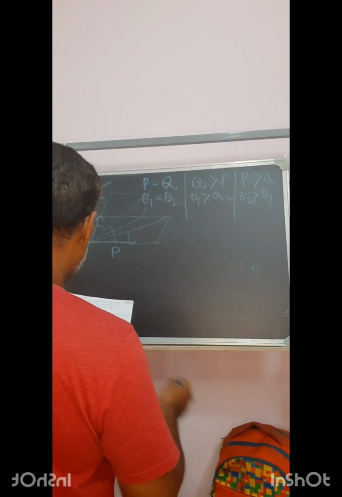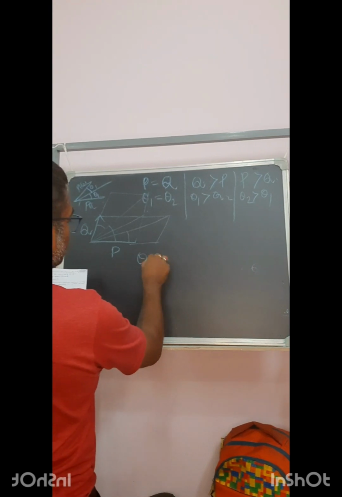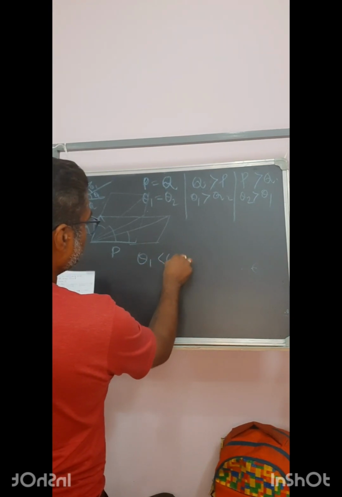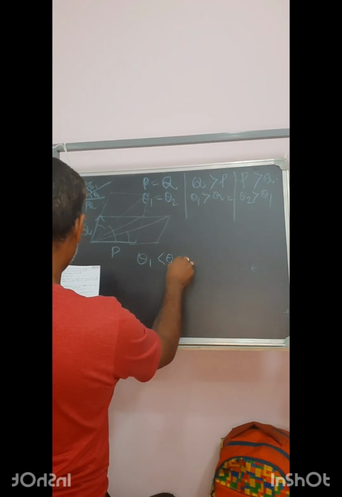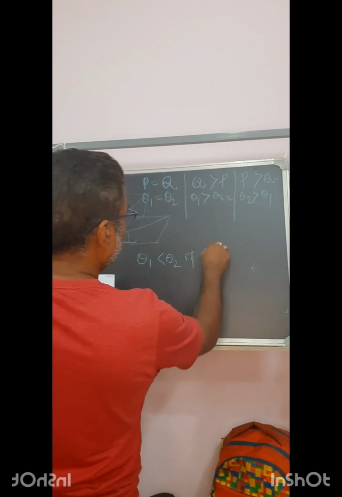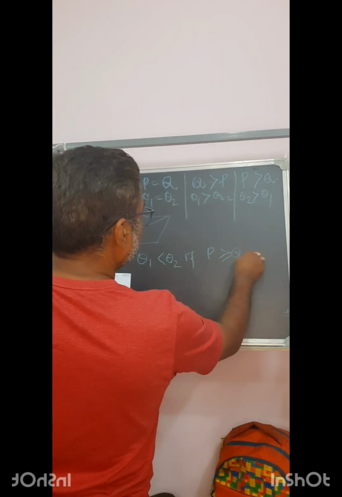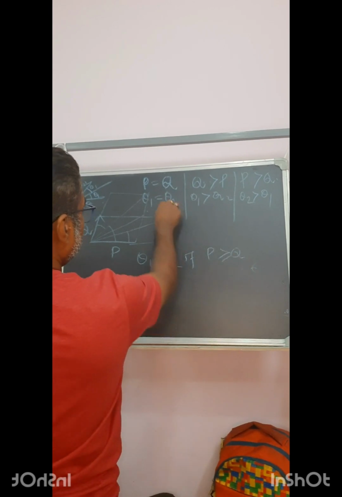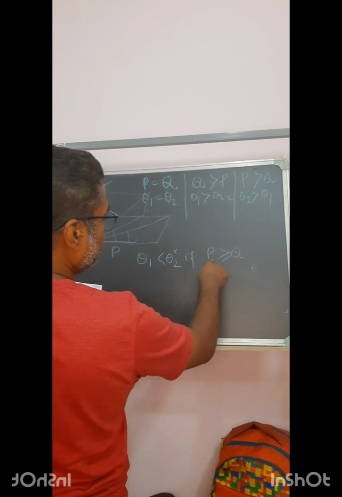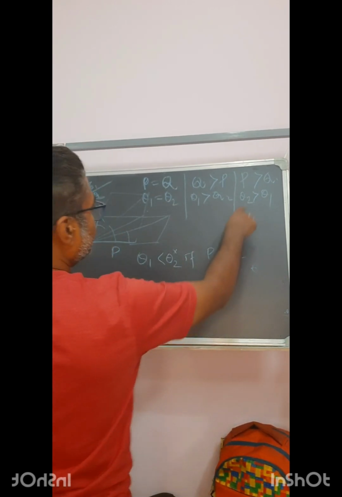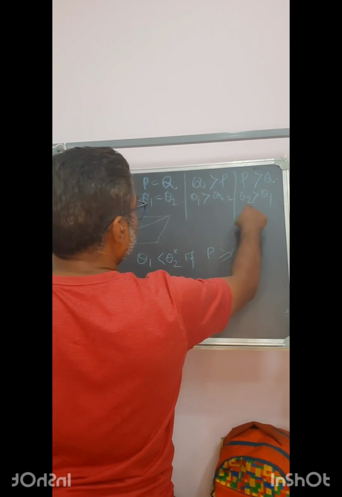Now the first condition in the question says theta 1 less than theta 2 if P is greater than or equal to Q. Is it possible? If I say P is equal to Q, theta 1 equals theta 2, so this doesn't help. P greater than Q, theta 2 is equal to theta 1.